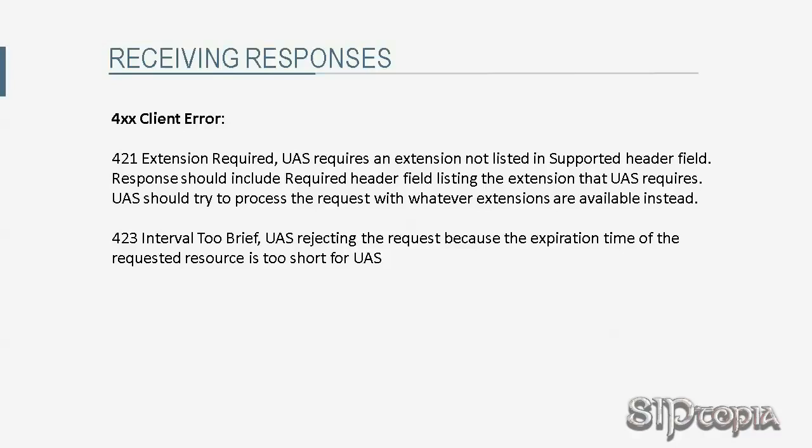In this case, the registrar would respond with 423 Interval Too Brief, and it would be expected from the user agent client to increase the Expires header field value to an acceptable level before trying the attempt again.